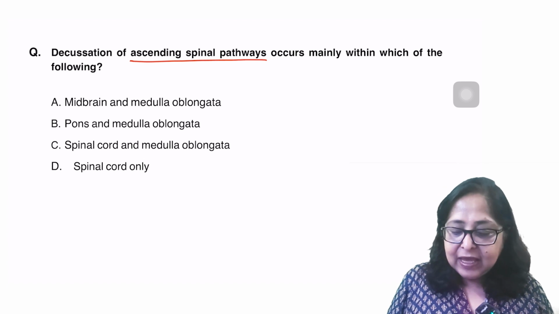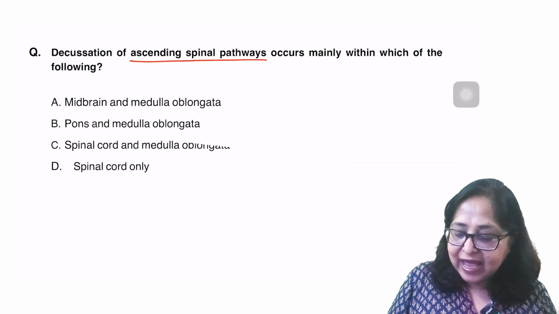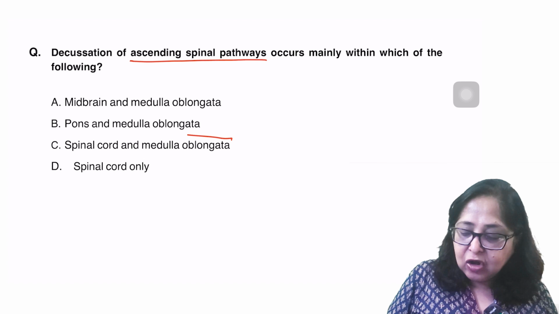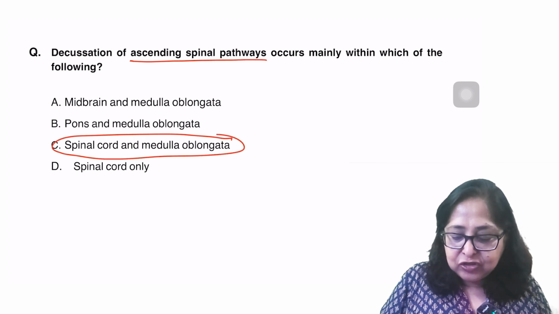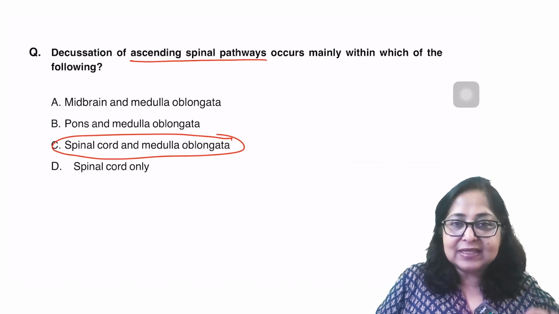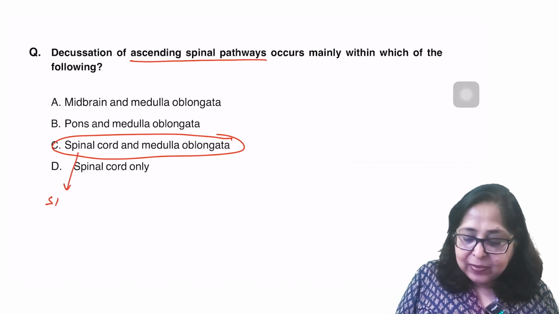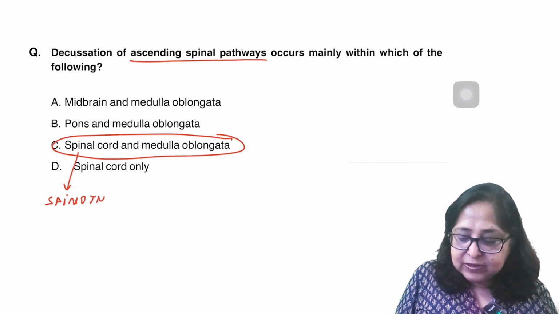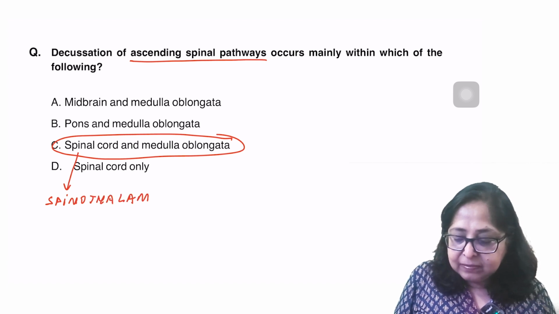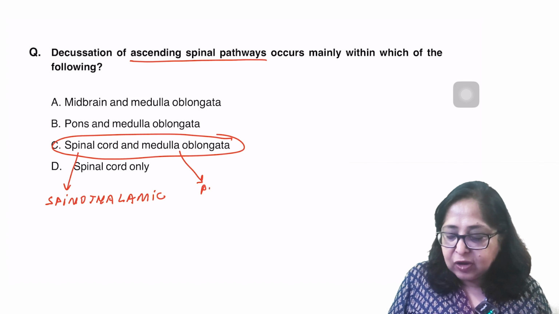This will be in the spinal cord and the medulla oblongata. Which tract crosses over to the opposite side in the spinal cord? Spinothalamic. Which tract will cross over to the opposite side in the medulla? Posterior column.